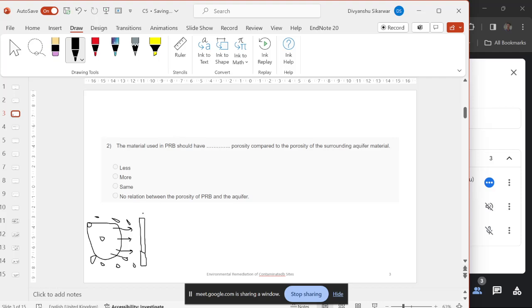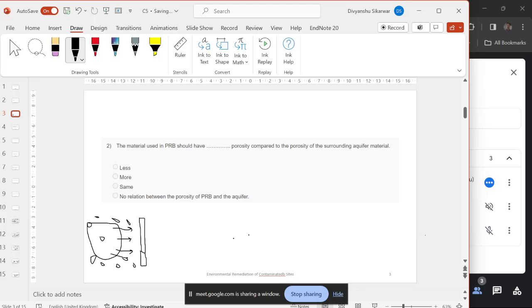Basically, if there is a PRB barrier and this is the particular plume of the contaminant, and this is the flow direction of the groundwater, then for this plume or contaminant to be removed effectively, should the porosity of the PRB be more or less as compared to the porosity of the surrounding soil?